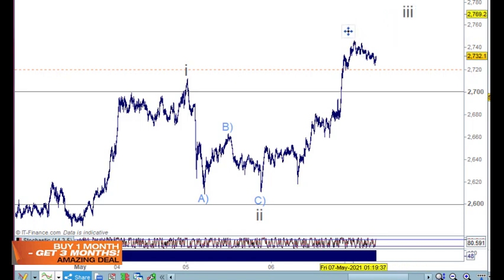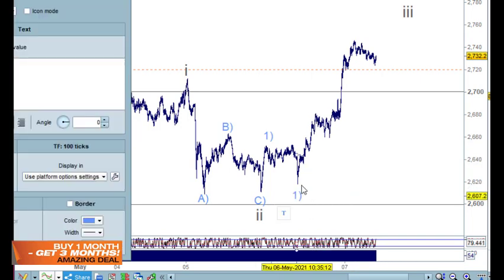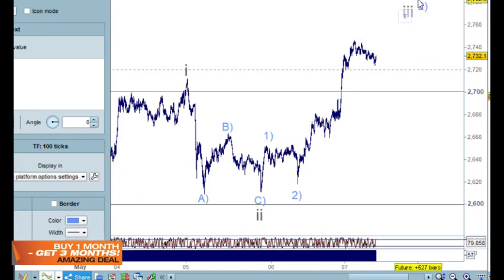That's there. Put this here for wave 1 and 2. This is 1 and 2 and 3 here, so that's going to be wave 3 up here. Wave 4, I'll just put that in there for wave 5.